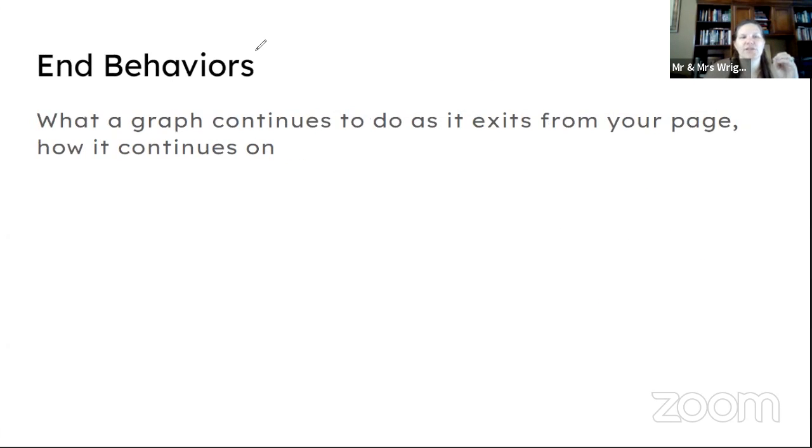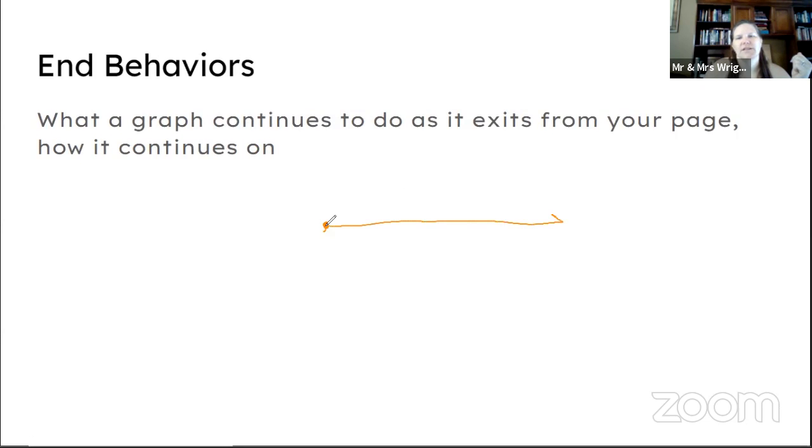All right, end behaviors, what a graph continues to do as it exits from your page. So if you had a ray that, let's say, was graphed like that, we could say that its right end behavior is to positive infinity, right?